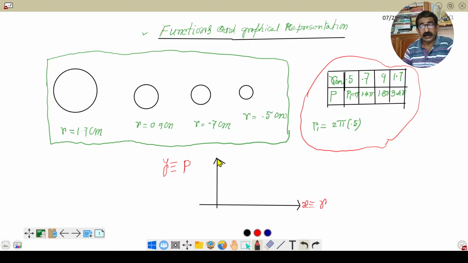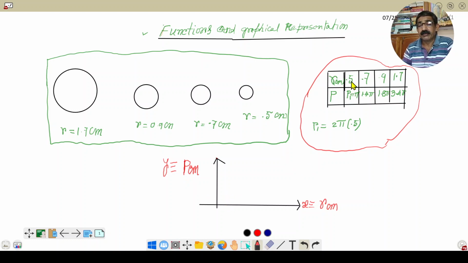So p is plotted along this direction and x or r is plotted along this direction. Actually, when we give this information, we have to mention the unit. So r in centimeter, and p also in centimeter, as the periphery or the circumference is measured in centimeter. Okay.